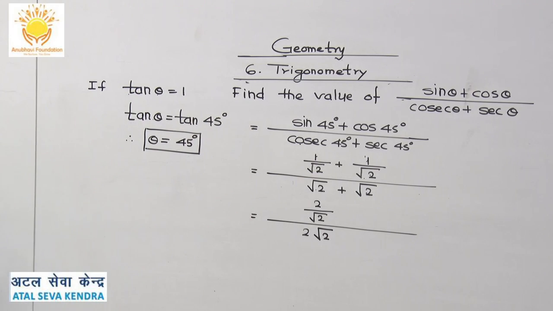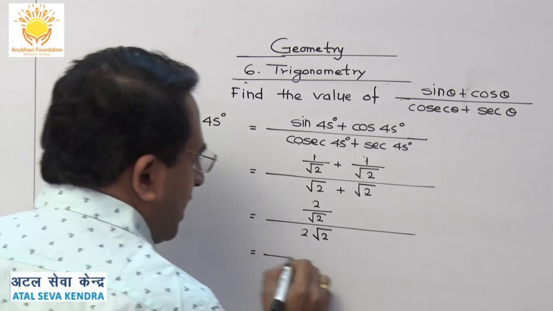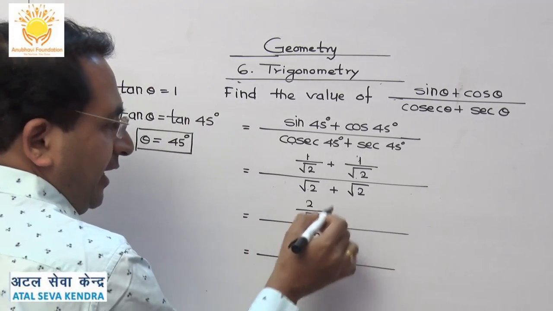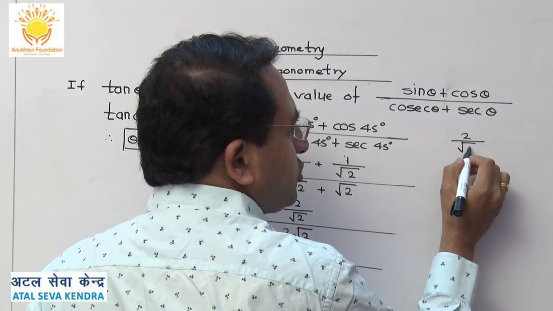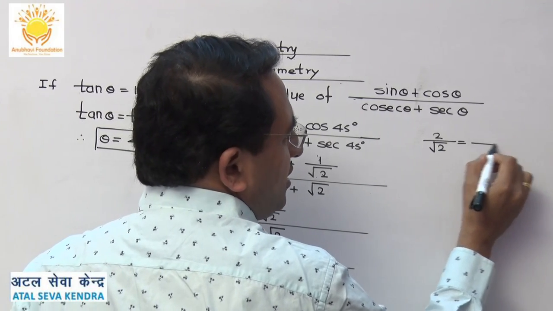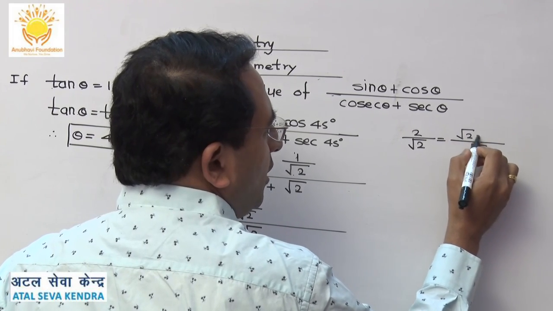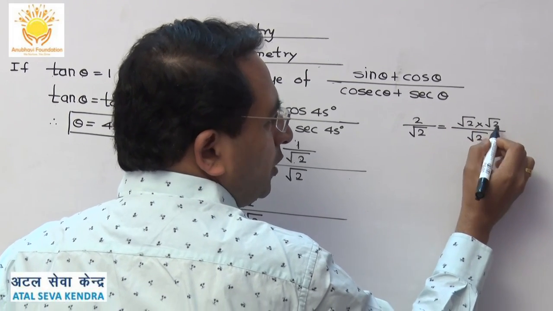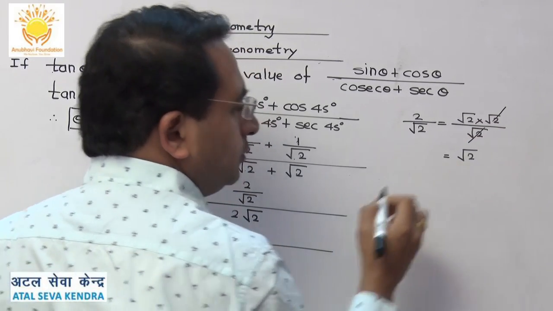Now this is the answer we are getting. Remember, in the exam you are supposed to write the answer directly. I am just explaining it. It is 2 upon root 2. That means you can write this as root 2 multiplied by root 2, so this will get cancelled and you are going to get the answer root 2.